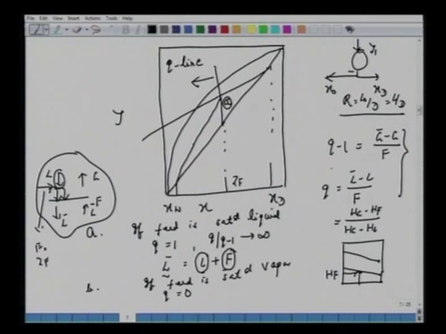This is how we got the equation of q over q minus 1. If we divide this, we obtain this line here. Now if the feed is saturated vapor, q equal to 0, all it means is that q over q minus 1 is now 0.